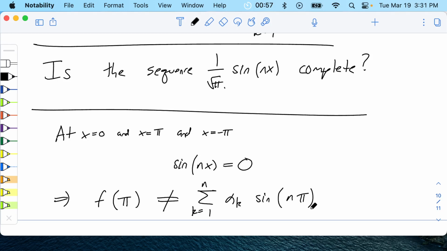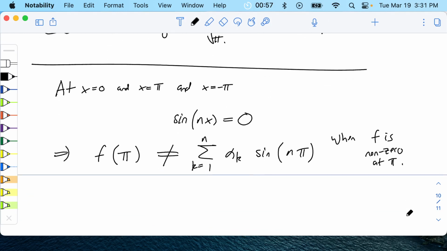I plugged in x equals pi to make things concrete, when f is non-zero at pi. So this is a totally true statement about the point f of pi. However, I just want to point out that what we are talking about is not f of pi.